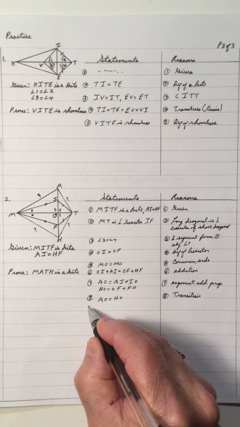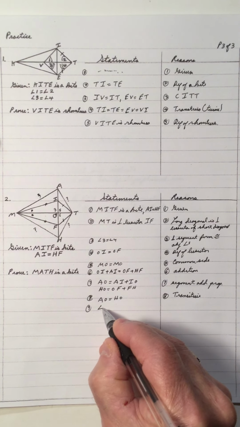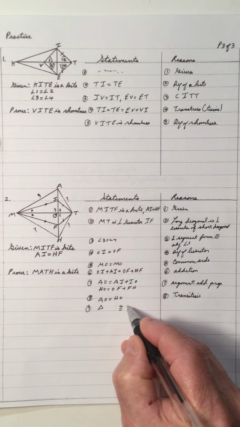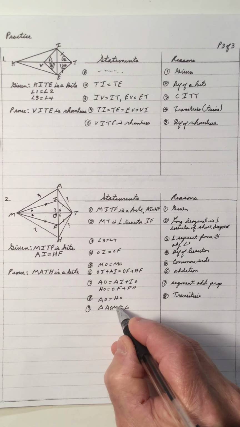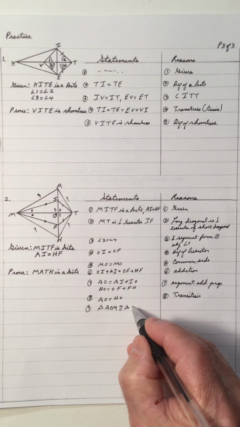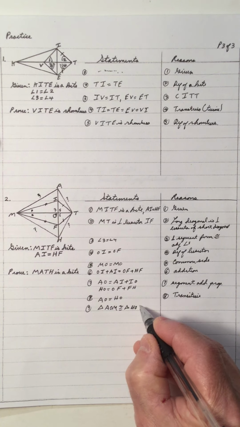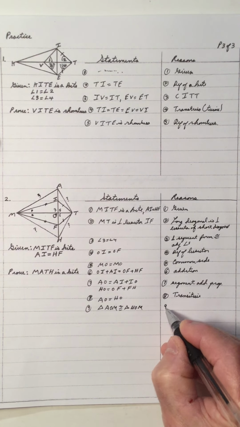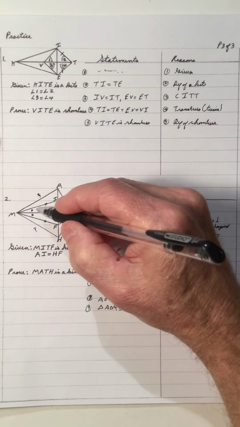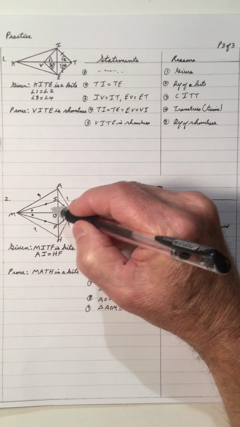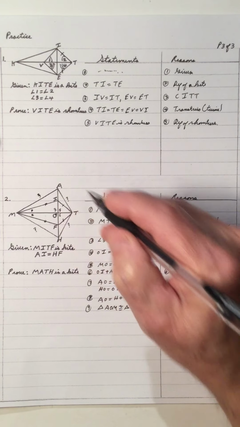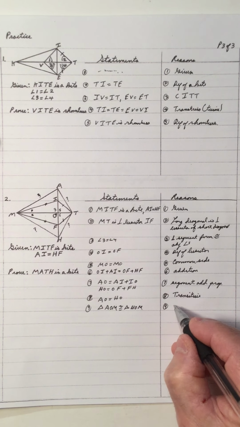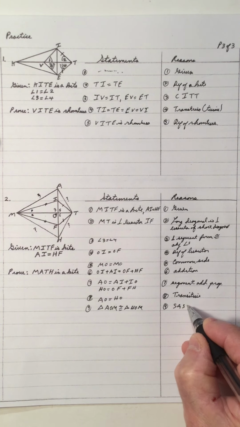So now I have my triangles AOM and HOM congruent. We have this side MO, this side AO, with angle 3 equal to angle 4. So those triangles are congruent by SAS congruency.